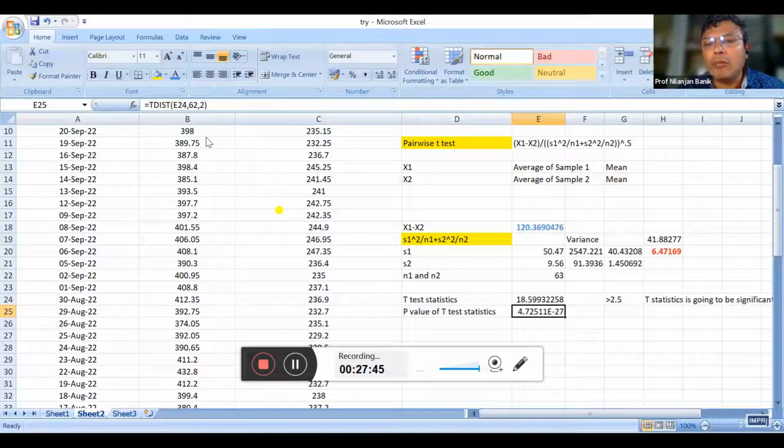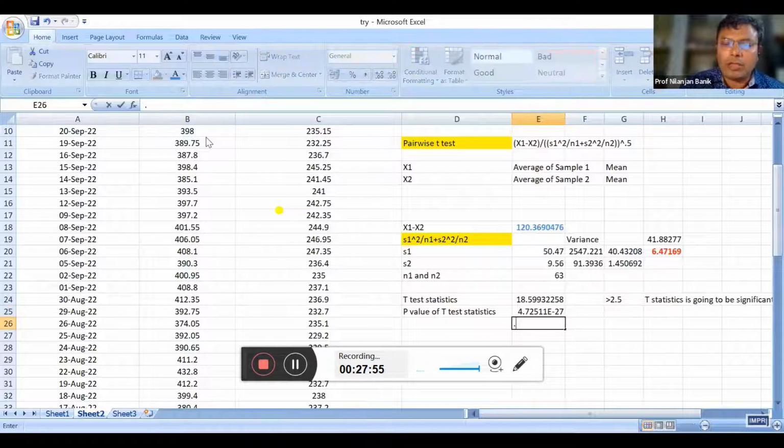It means point followed by 27 zeros, then this 4 term will come. So it will be something like 0.0000, I have to type like this 27 times, and then you will have this 4. So this is highly significant.